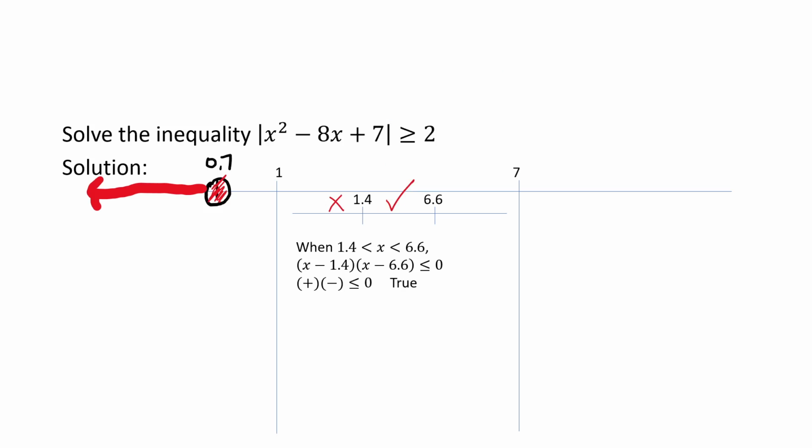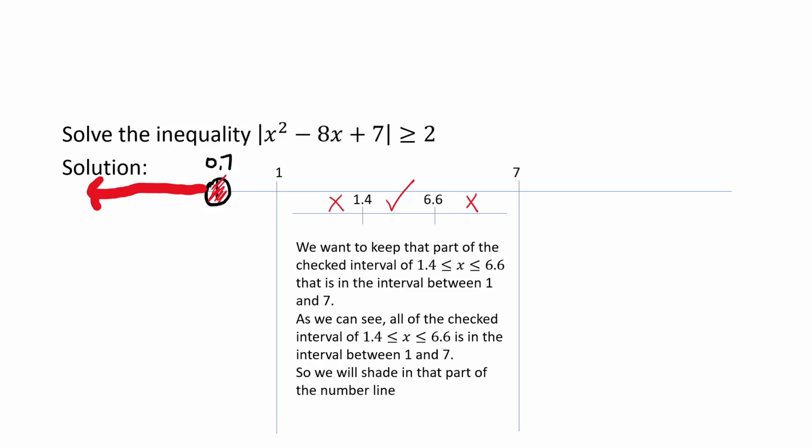And then finally, when I go to the right of 6.6, testing this, I will get a couple of positive factors. Multiplying a positive times a positive is not less than or equal to 0, so I'll see that I'm going to get an x there. So what we want to do is keep that part of the checked interval, the part between 1.4 and 6.6, but only if it's in between 1 and 7.